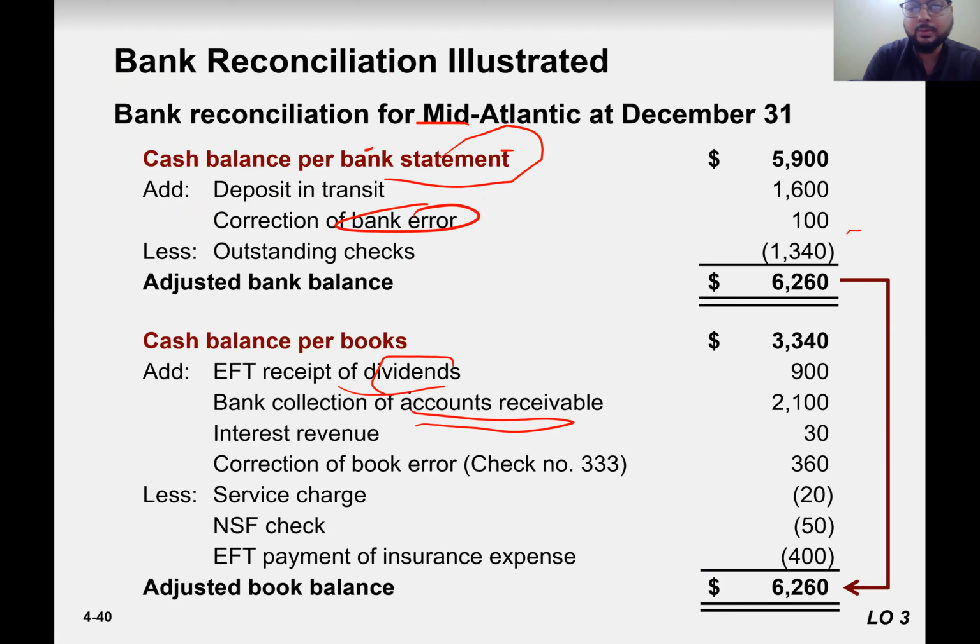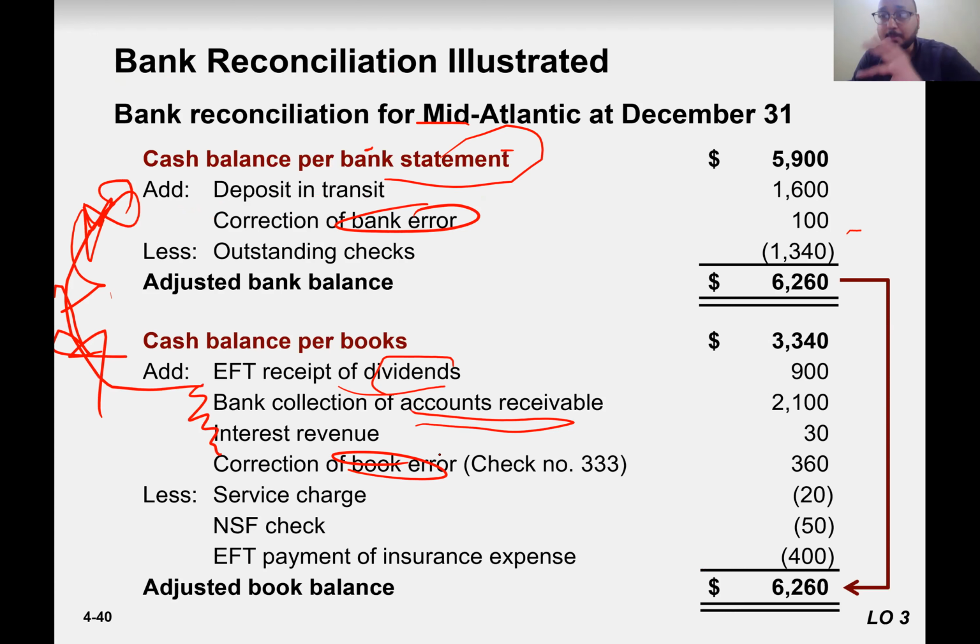So many students get confused when they add it to bank balance. It's already added on the bank statement, right? So you please don't do that. Understand the logic, right? It is already on the bank statement. Bank statement already added our inflows, but on our book side it is not added. So we add it back, right? So we add back here all the inflows.